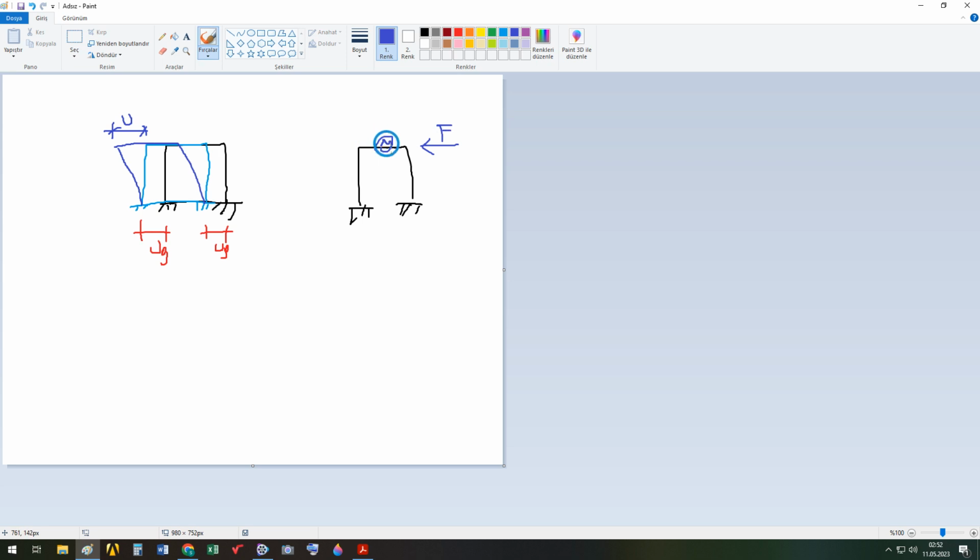We have M here, and it makes this U. And the total displacement of the mass is U plus Ug, total displacement of the mass, which is lumped at the center of the floor.